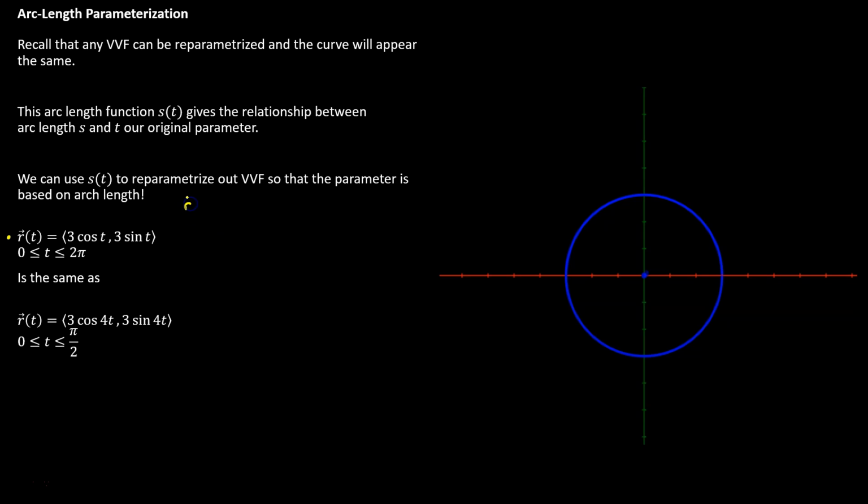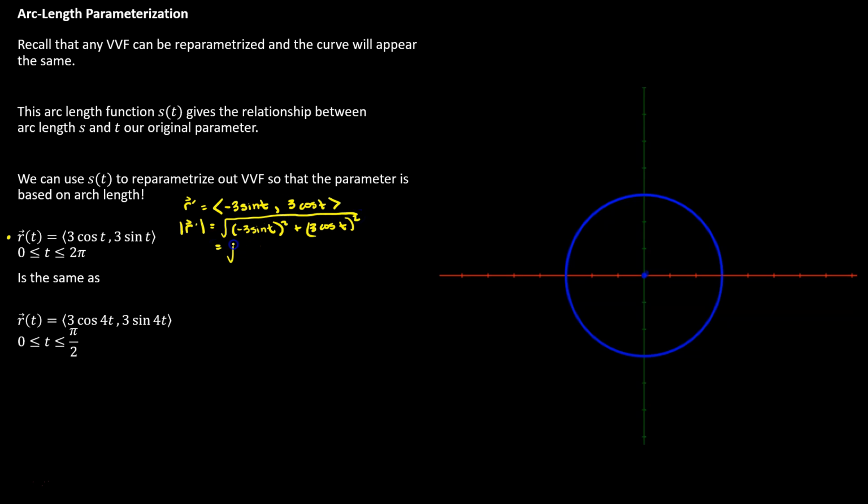If I calculate the derivative, I get negative 3 sine t for the x component and 3 cosine t for the y component. So then the magnitude of that derivative would be negative 3 sine t squared plus 3 cosine t squared, all of that square rooted.